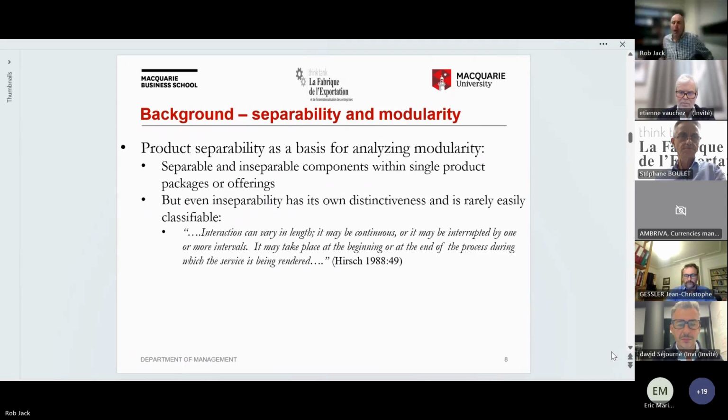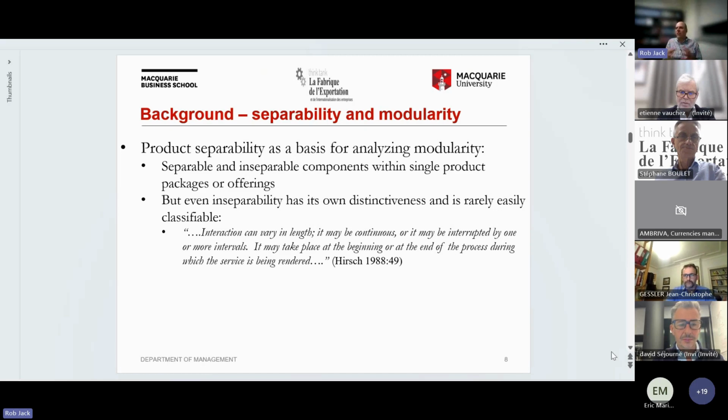Now, if you have an understanding of services and what they're like, we can understand that services are very unique and very distinctive. And there is a term that is used to describe services, probably derived more from marketing, which is separability.